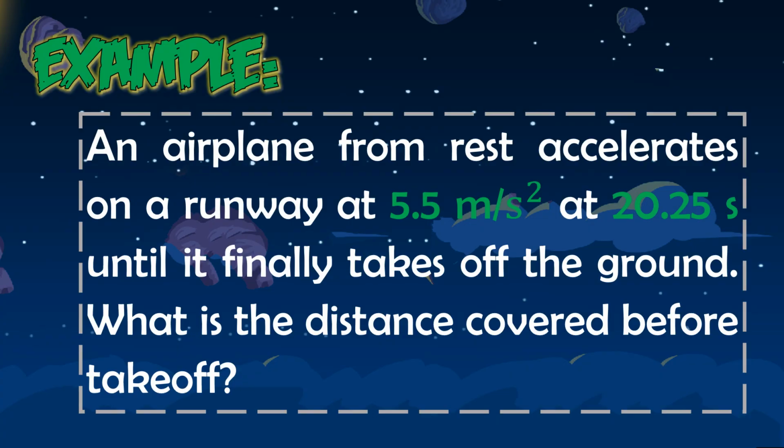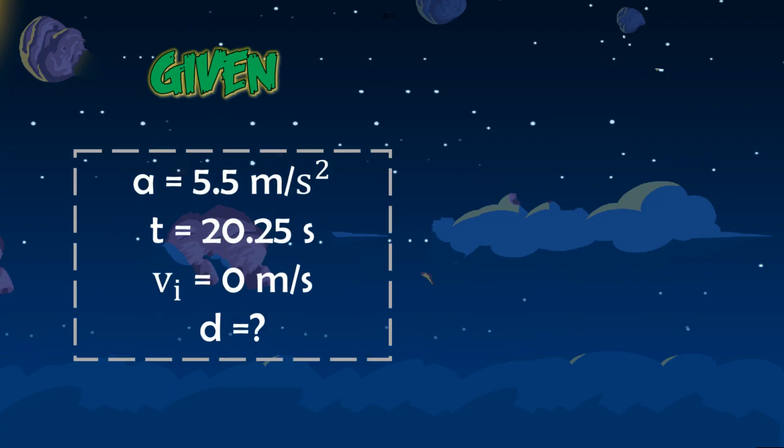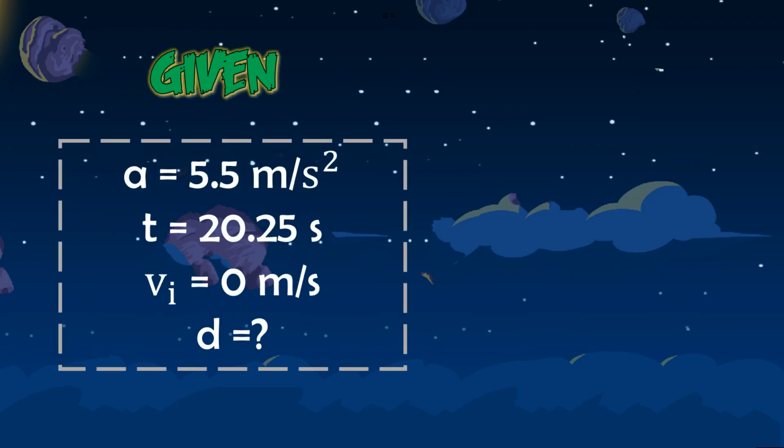Let's have an example. An airplane from rest accelerates on a runway at 5.5 meter per second squared for 20.25 seconds until it finally takes off the ground. What is the distance covered before takeoff? The given are acceleration is equal to 5.5 meter per second squared.